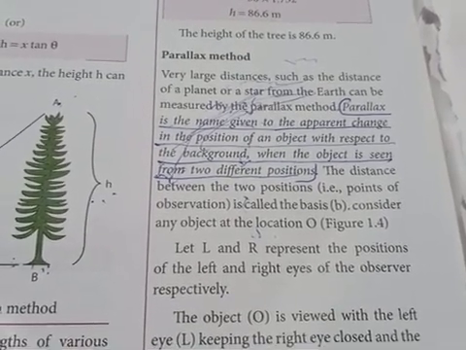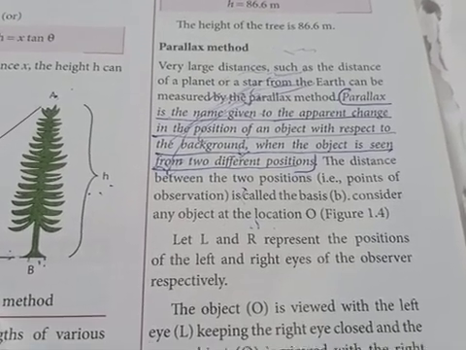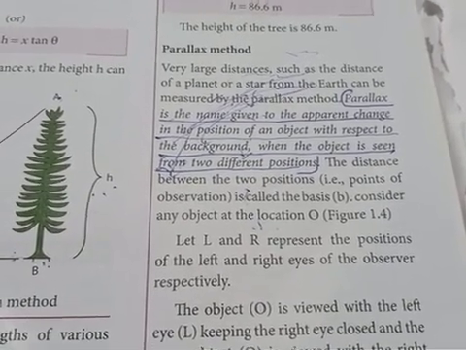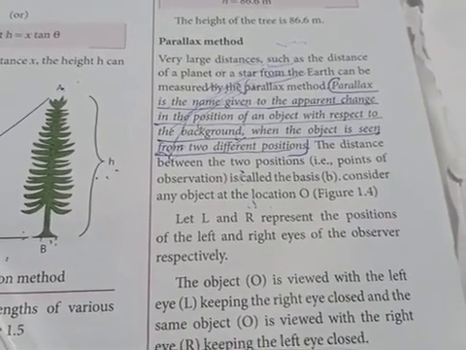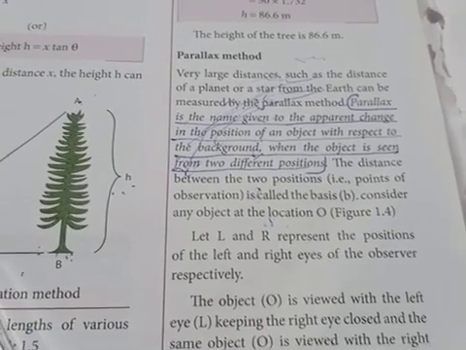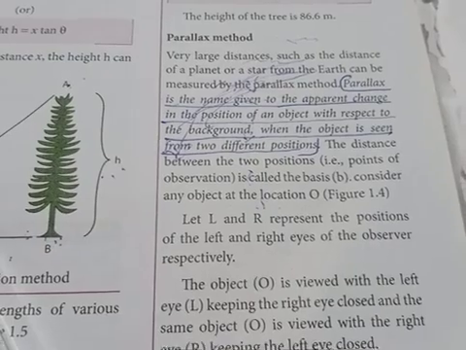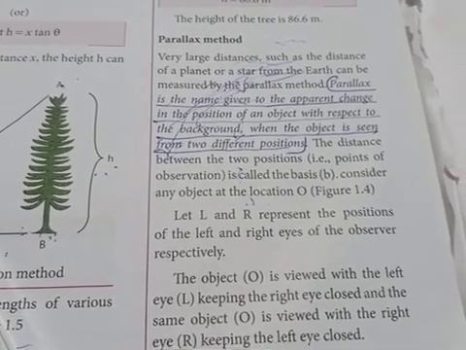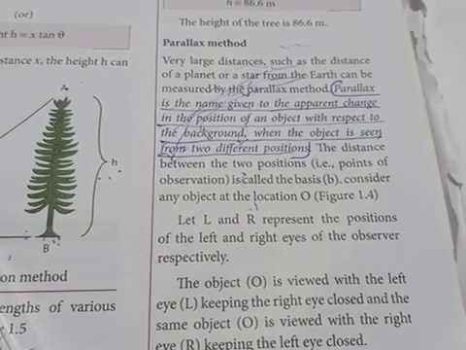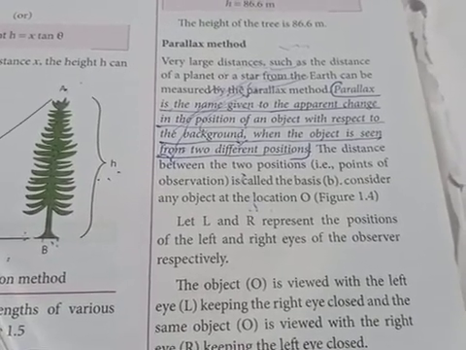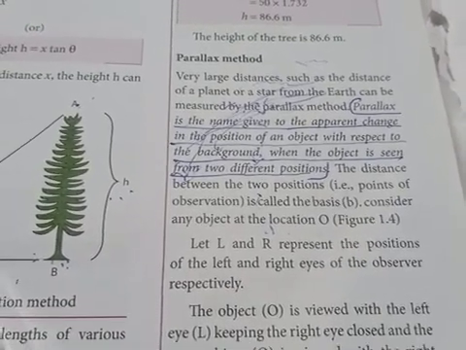Now you can see that the finger position has changed with respect to the background. This is observable. You can check it at home. Again, close one eye, keep the finger in front of your eye with the background, and don't change the finger position. At the same finger position, same place, close the other eye.